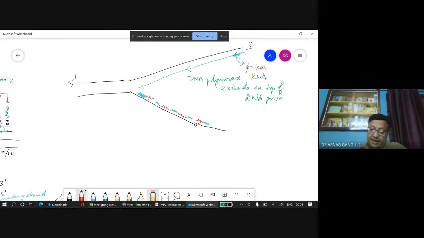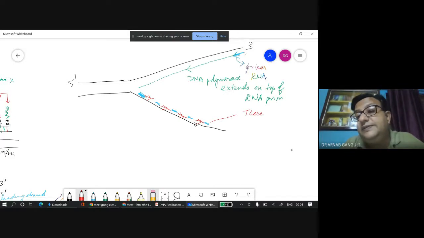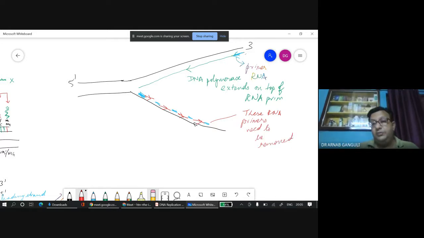Now, in the end, these RNA primers need to be removed. The RNA primers need to be removed.